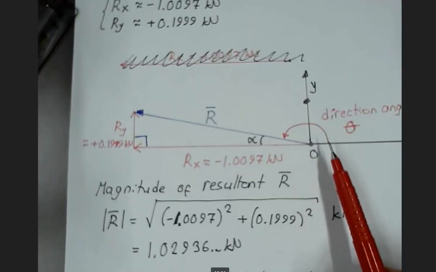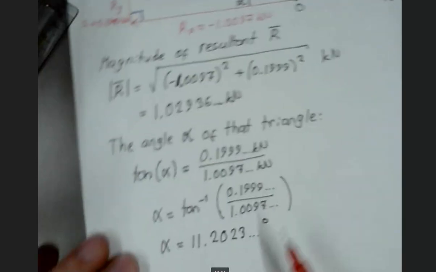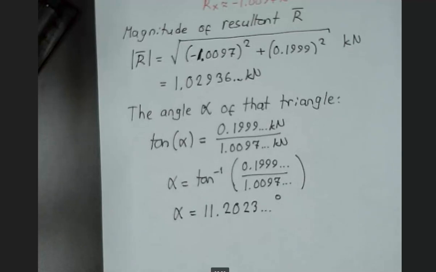Then the direction angle you get by taking 180 degrees and taking away this 11 degrees there.